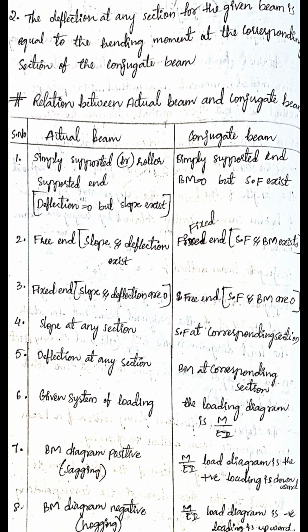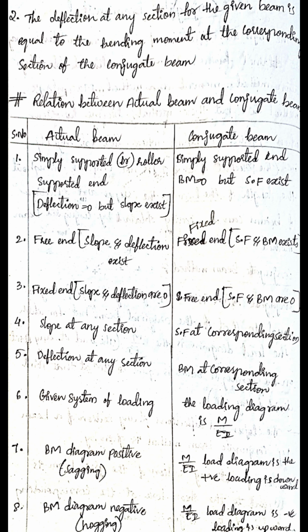Let us see the relation between the actual beam and the conjugate beam. If it is simply supported in the actual beam, in the conjugate beam also it is simply supported. If it is a free end in the actual beam, it will become a fixed end in the conjugate beam at that section. If it is a fixed end, then in the conjugate beam it will be a free end.